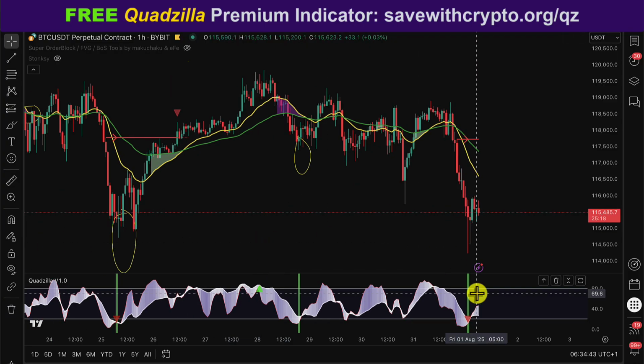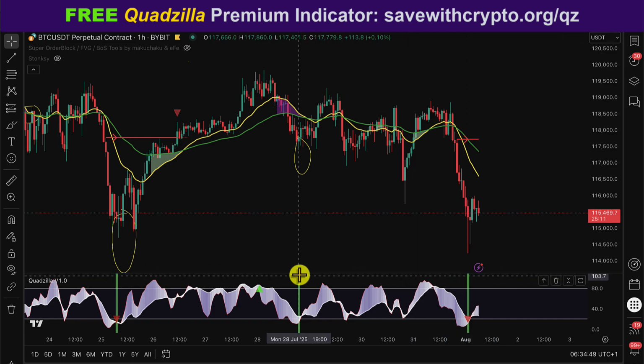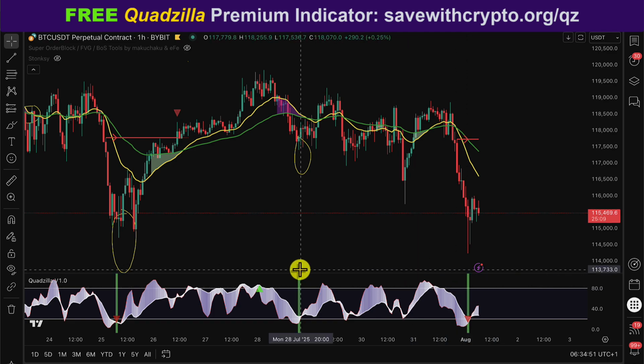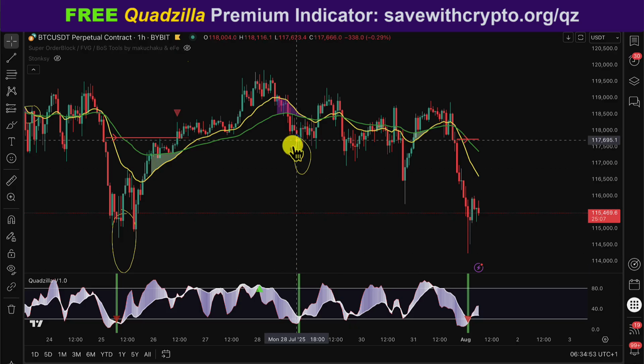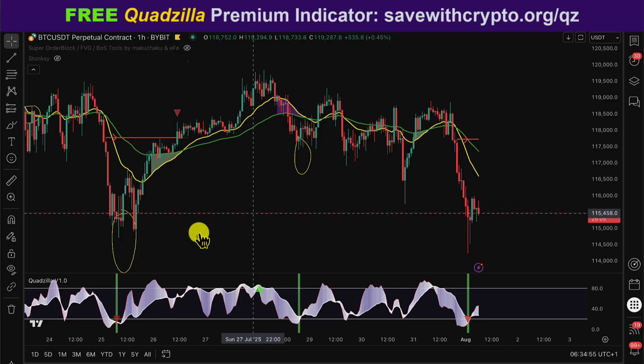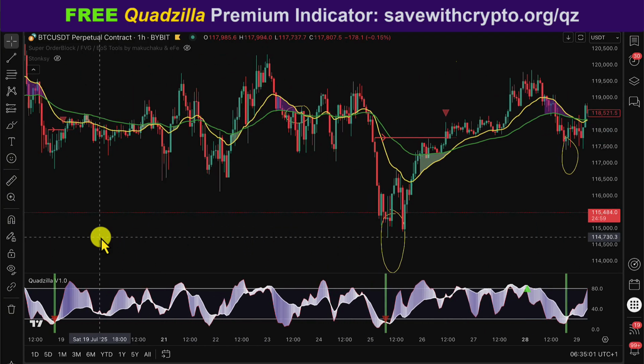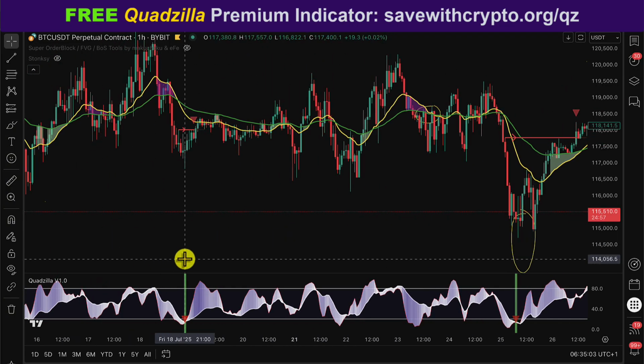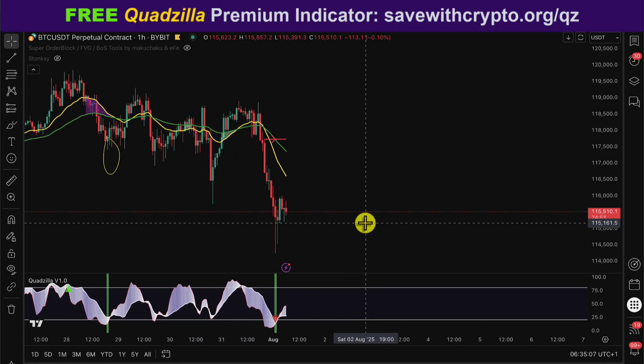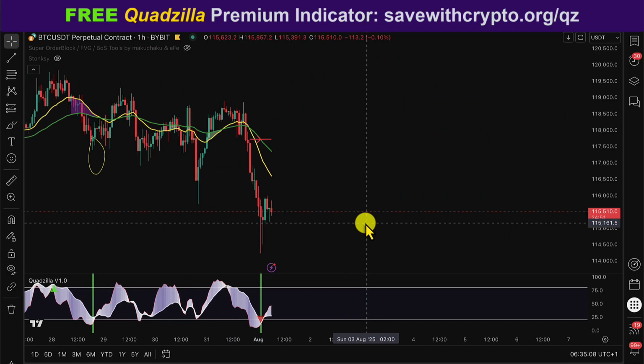One is we've now got a green background here, and you can see that in the past when that's happened, for example here on the 28th of July, that was a really good bottom. This one here on the 25th of July, really good bottom. If we go back further, you can see this one here, that was excellent as well. So I think we could be near a bottom at the moment.